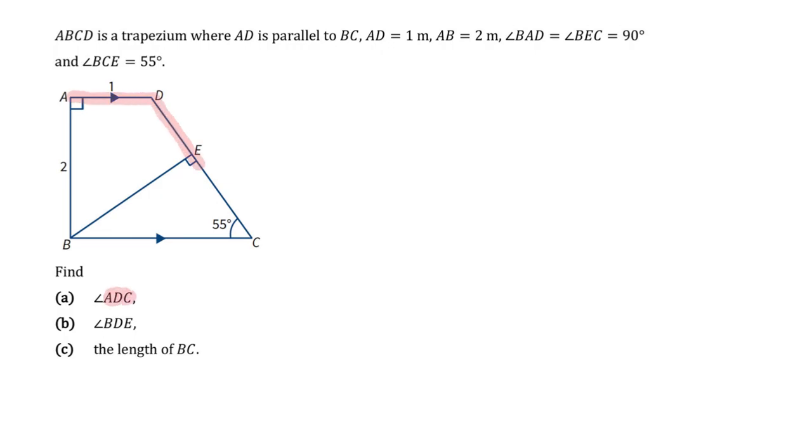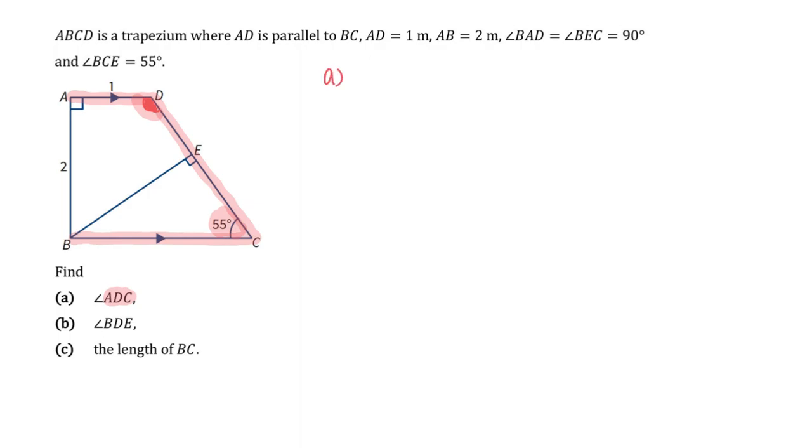our focus is to look at this set of angles, this angle and this angle. There's a special relationship. What is it? Yes, they are interior angles of parallel lines.